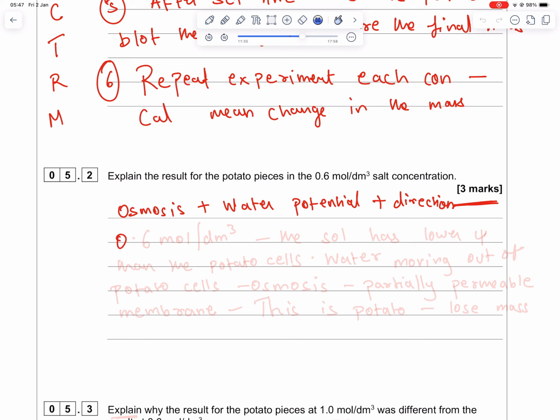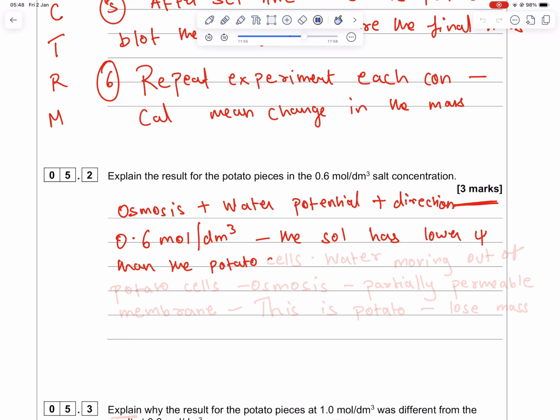At a salt concentration of 0.6 moles per decimeter cube, the solution has lower water potential than the potato cells.